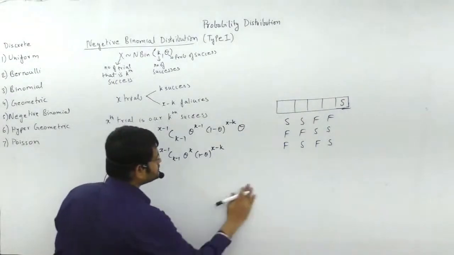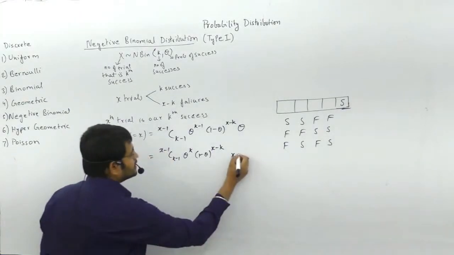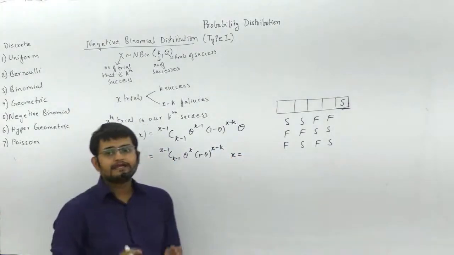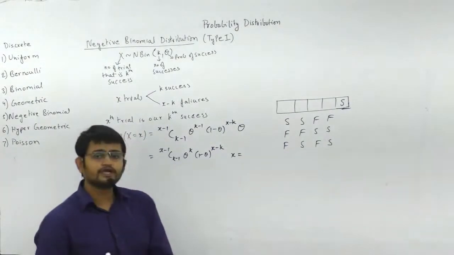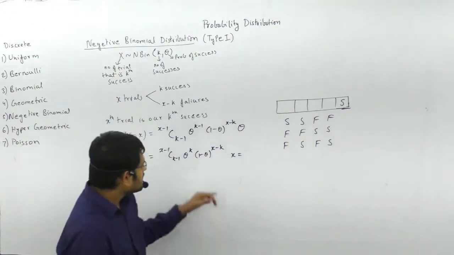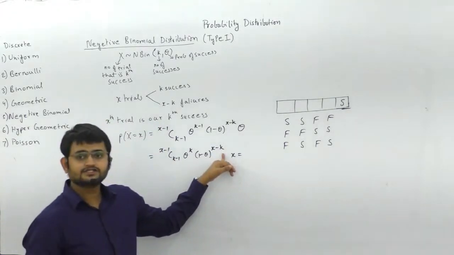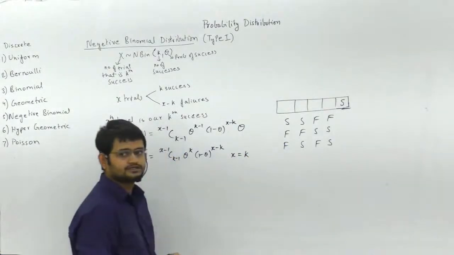Now what are the possible values of x here? For getting k successes, how many trials would I need at minimum? For k successes and 0 failures, I will need at least k trials.